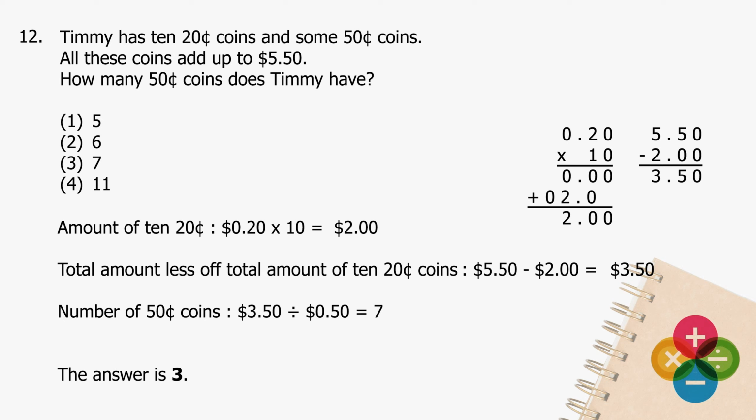The total amount of money, less the amount of 10 20-cent coins, will be subtract $2.20 from $5.50, and the difference is $3.50. The number of 50-cent coins will be divide $3.50 by 50 cents, and the quotient is 7. The answer is 3.